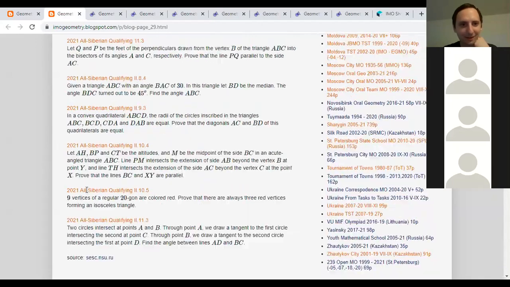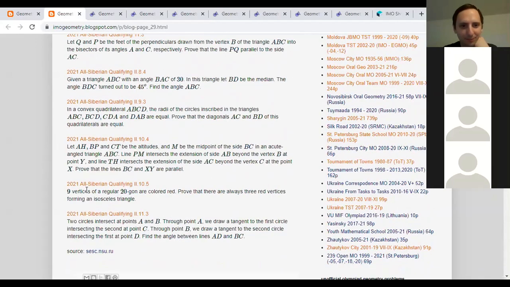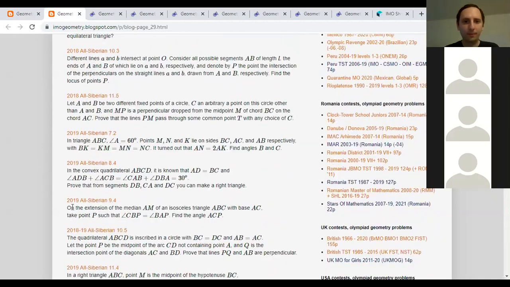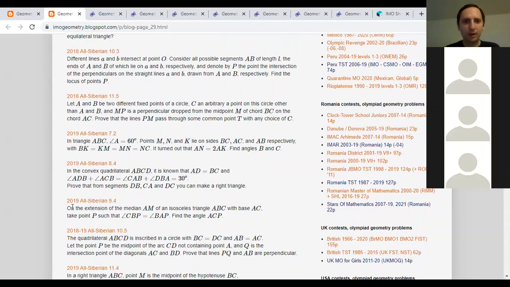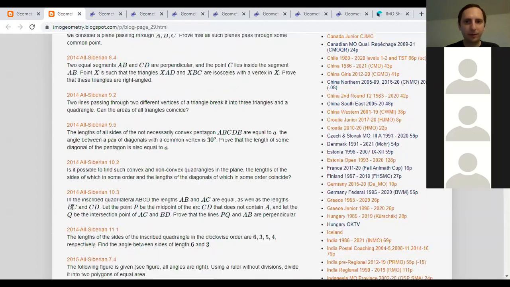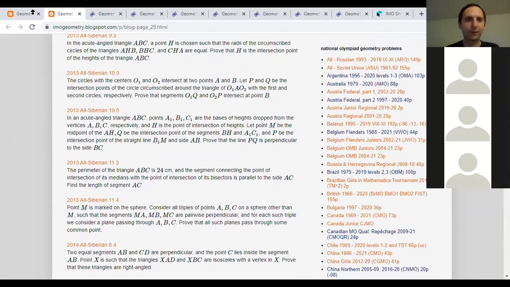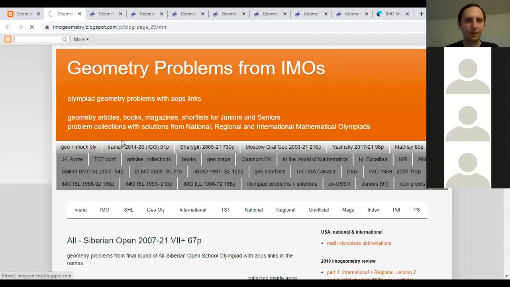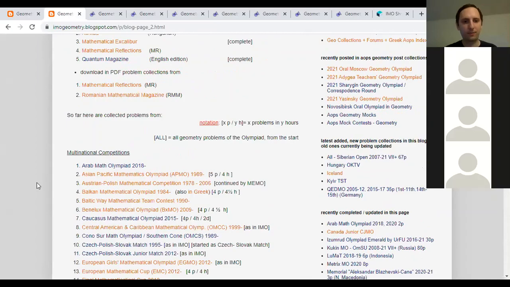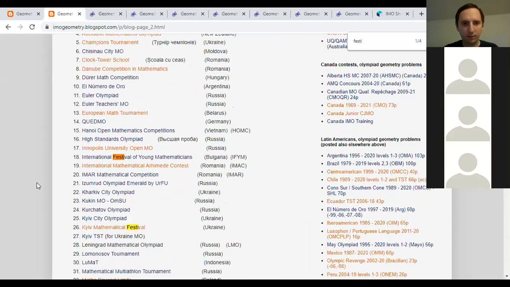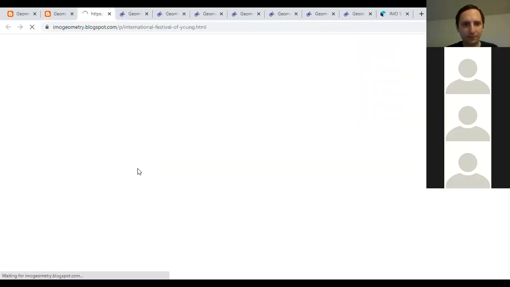I think we can do the one we left, from 2 weeks ago. I think that was the Festival of Young Mathematicians, right? I think it's this one.